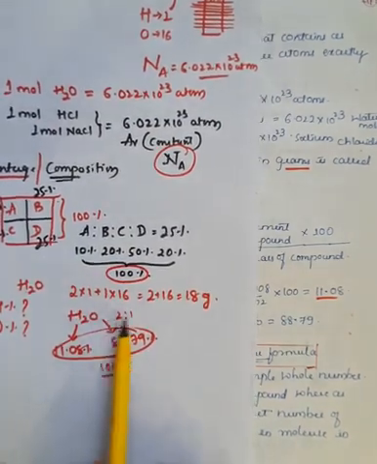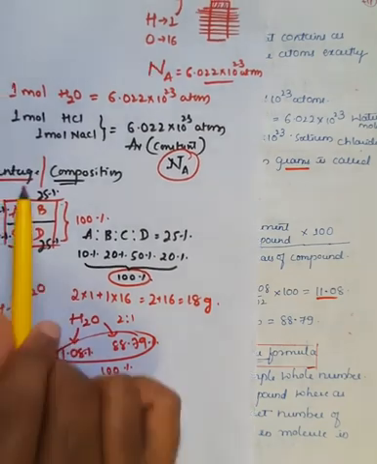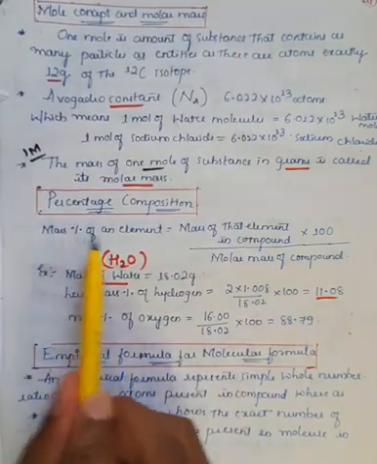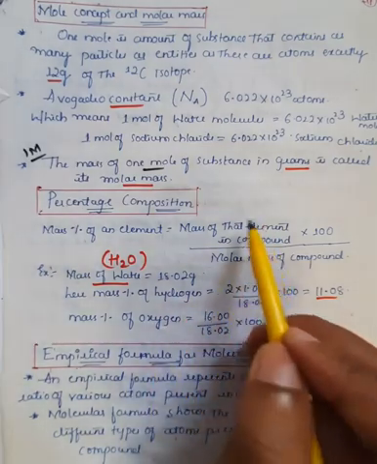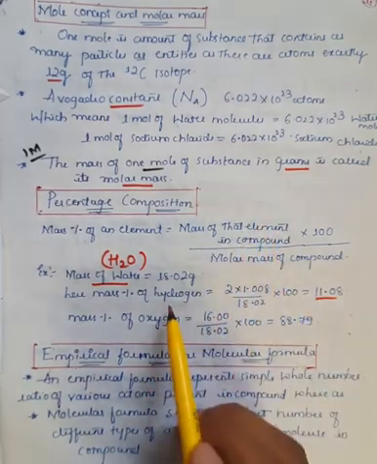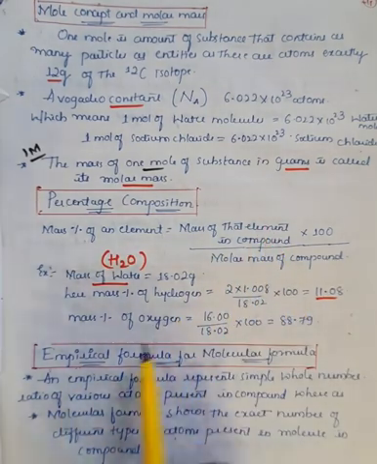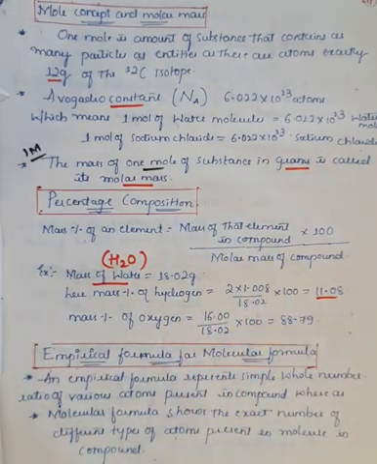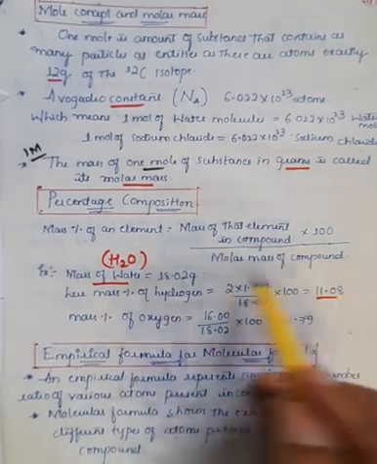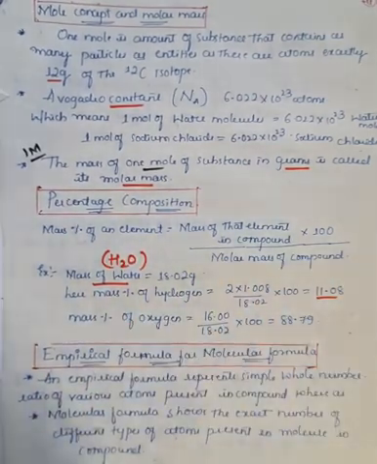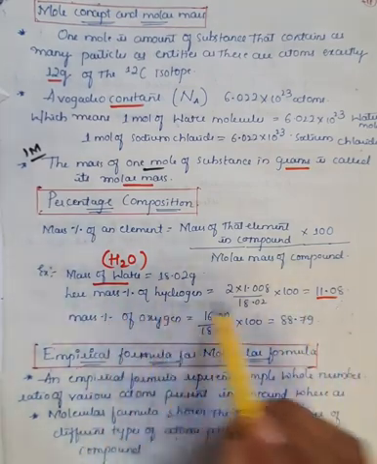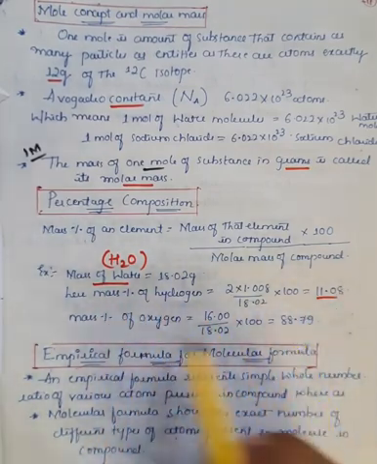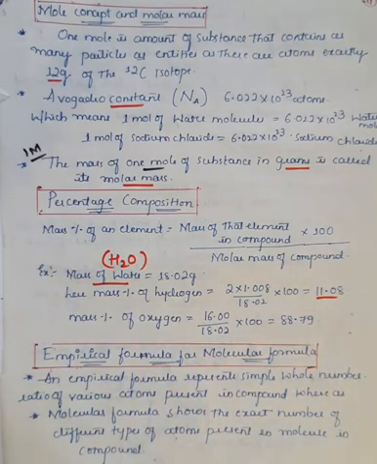If you calculate the percentage composition with the help of the formula, the mass percent of the element is the mass of that particular element, hydrogen or oxygen, divided by the overall weight into 100. That gives the mass percentage of hydrogen and the mass percentage of oxygen. Again, if you add them, it will be almost 100%.